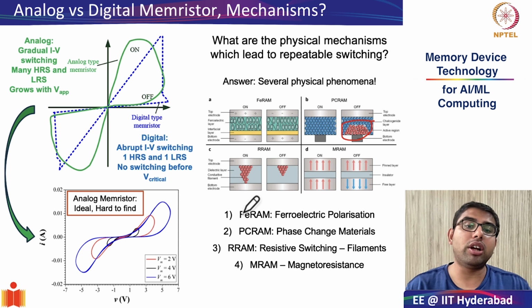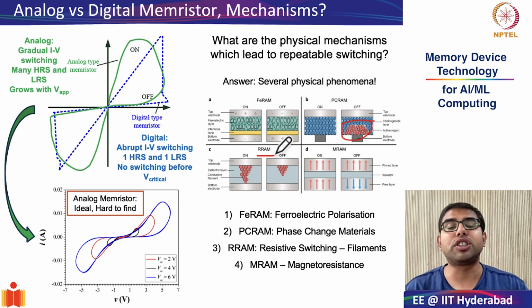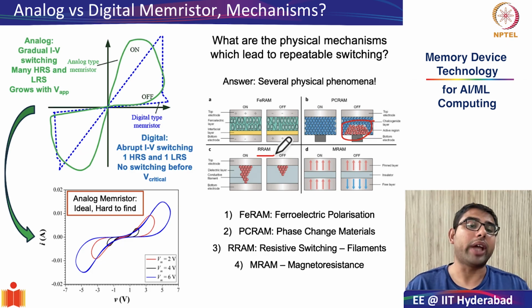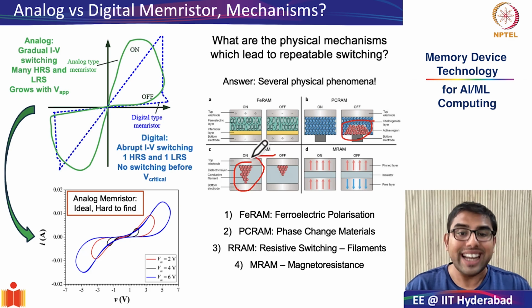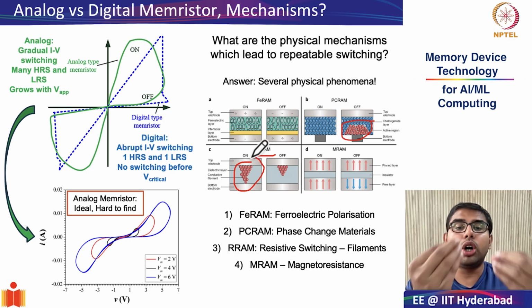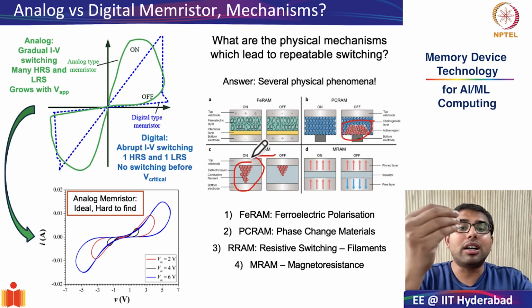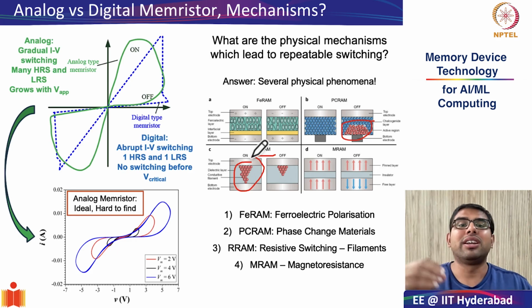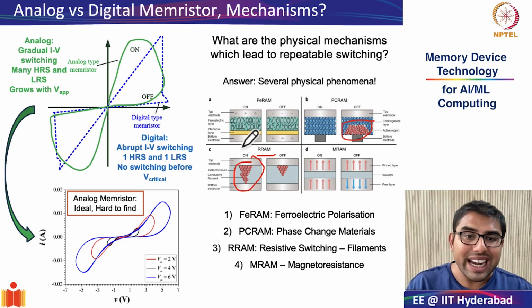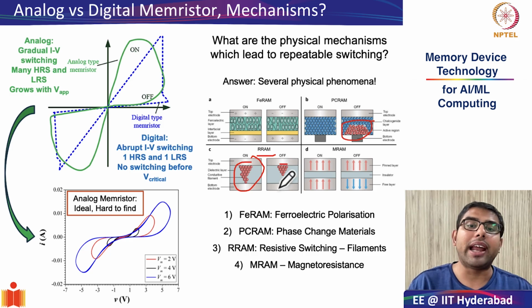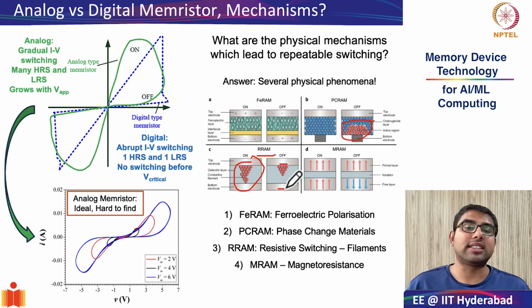The third kind of memristive device that is popularly seen is called RRAM, where R stands for resistive switching. Here what happens, as you can see in this illustration, is that there is a growth of filaments or conductive hotspots within the functional layer, which connects the top electrode with the bottom electrode, therefore creating a low resistance state.